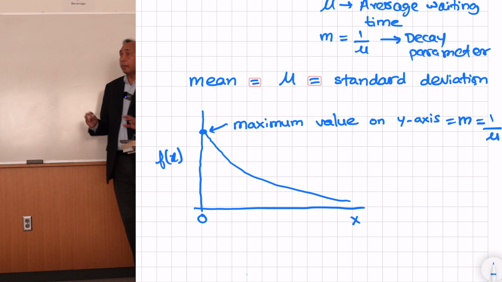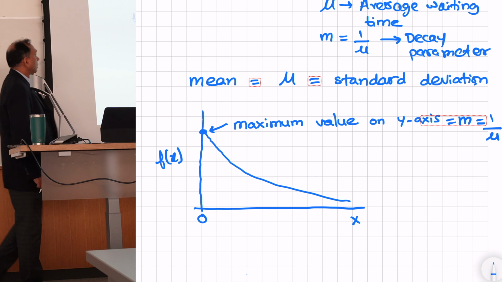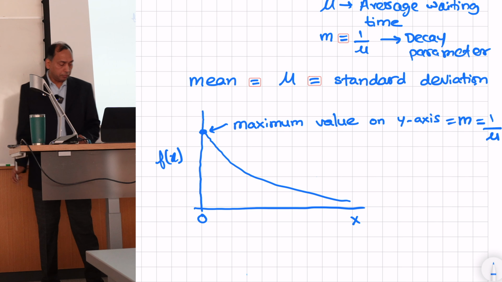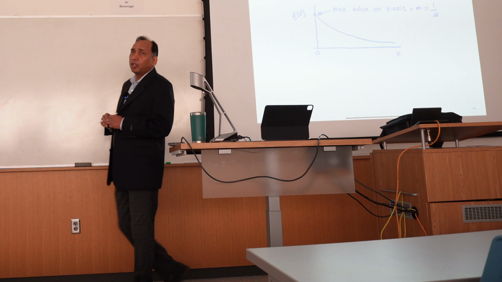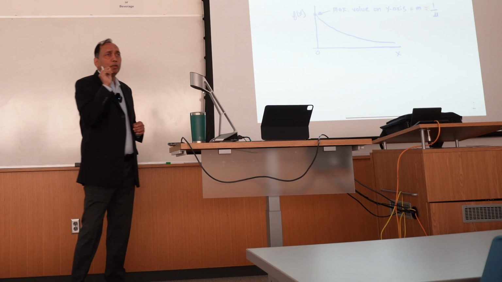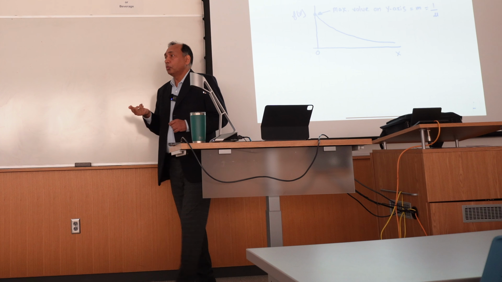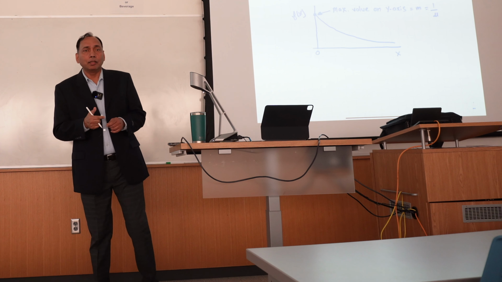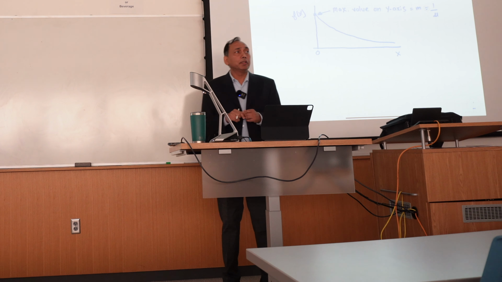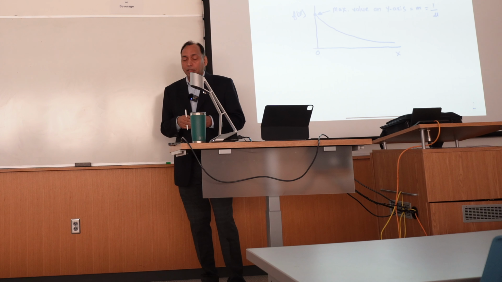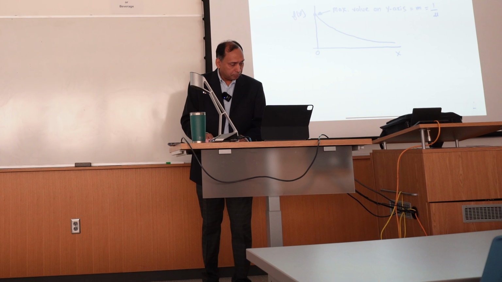So that is the decay parameter, the maximum probability captured on the y-axis. The only thing you have to be careful about in your calculations is whether you are working with mu or m, because one is 1 over the other, and if you use 1 by m where you should use m, your values will be very different.